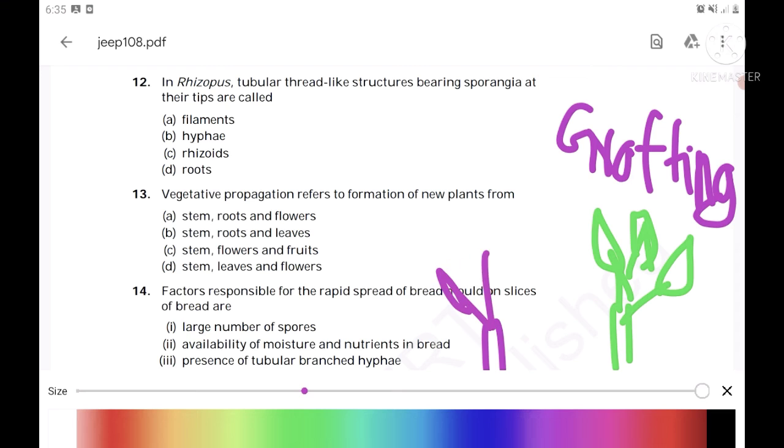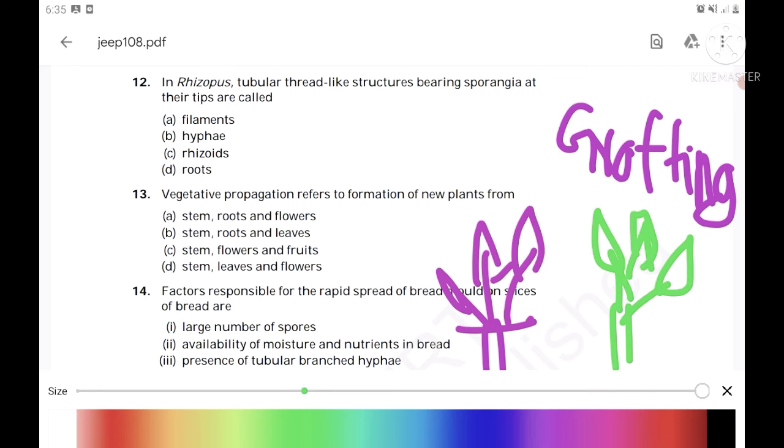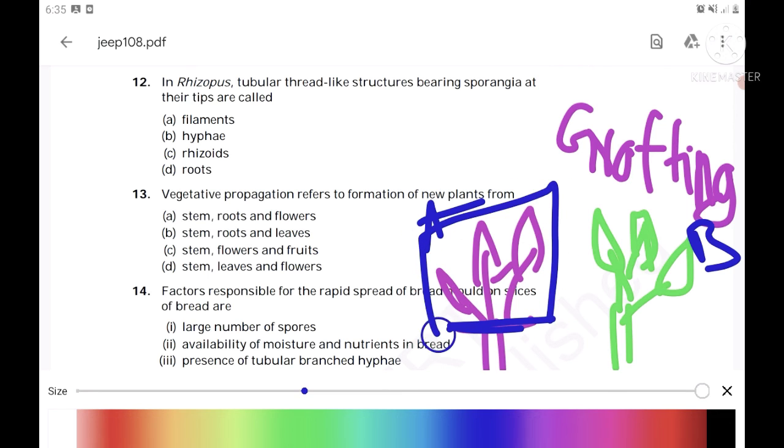Suppose this is plant A and this is plant B. In plant A, if the upper part dries up and doesn't produce proper buds or flowers, it's of no use to you. Or in plant B the roots are weak or you cut off the roots by mistake.